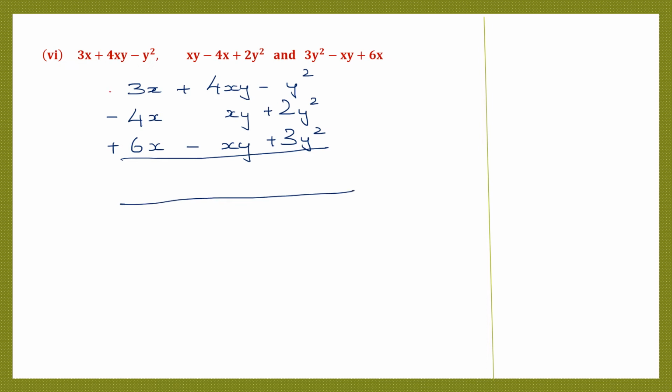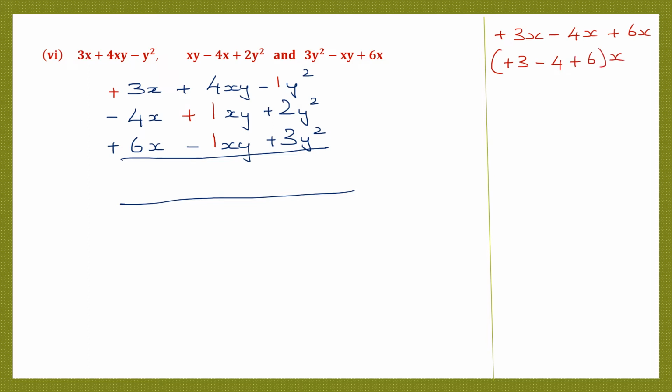Now here I have a plus sign missing and I have 1. In the second row again I have a plus sign and 1 to be written. In the third row I have 1. Okay, now let's start working out with x. Plus 3x minus 4x plus 6x. So that will be plus 3 minus 4 plus 6x.